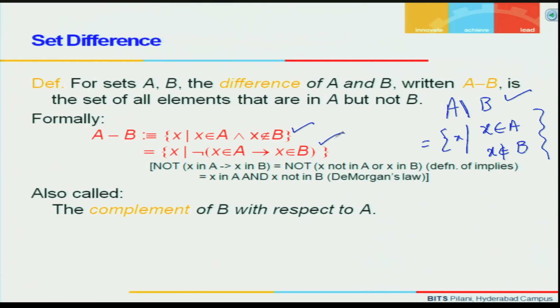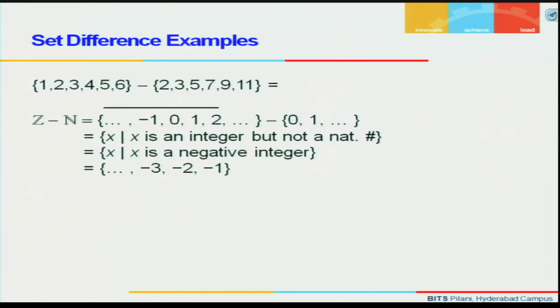And equivalently you can write like this also. So if you have got the set 1, 2, 3, 4, 5, 6 and when you subtract 2, 3, 5, 7, 9, 11 from that, what you get is, because 1 is here and 1 is not anywhere in the other set, so 1 is going to be there in the set. 2 is here and 2 is here also, so 2 is not going to be there in the subtracted set. 3 is here and 3 is here as well, so 3 is not going to be there. 5 is here and 5 is there also, so 5 is not going to be there.